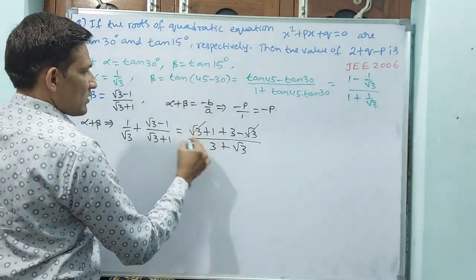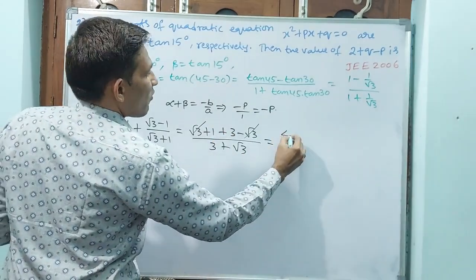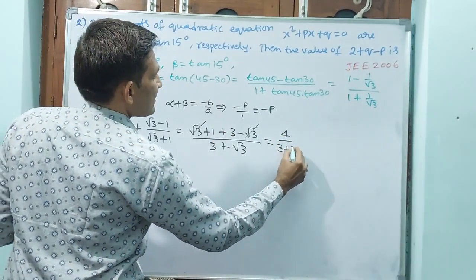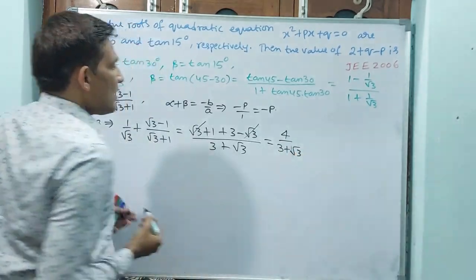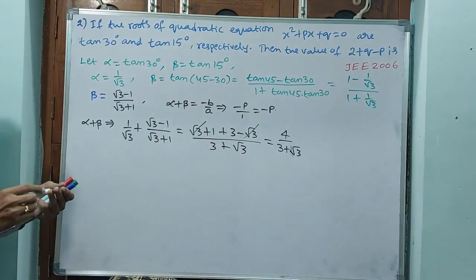See, plus root 3 minus root 3 going to get cancelled. 3 plus 1 is 4. 4 by 3 plus root 3. Okay, what is this? This is alpha plus beta.